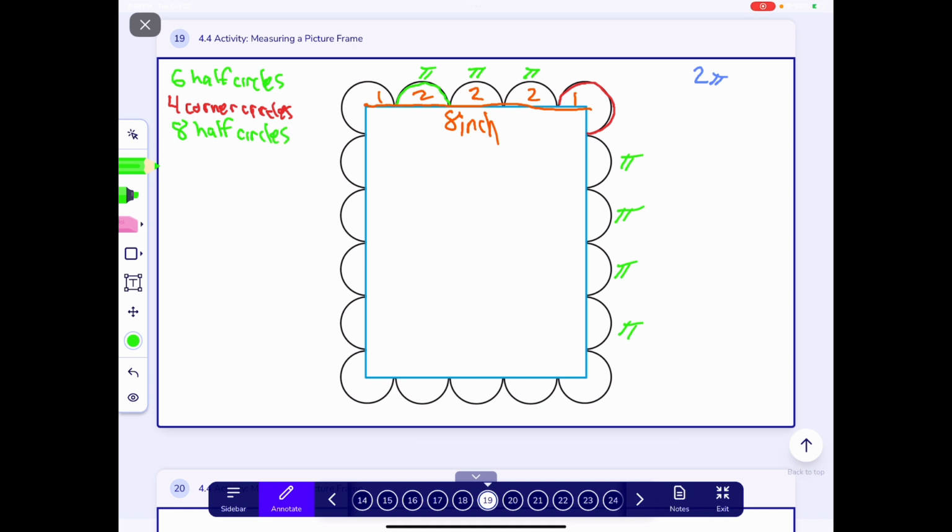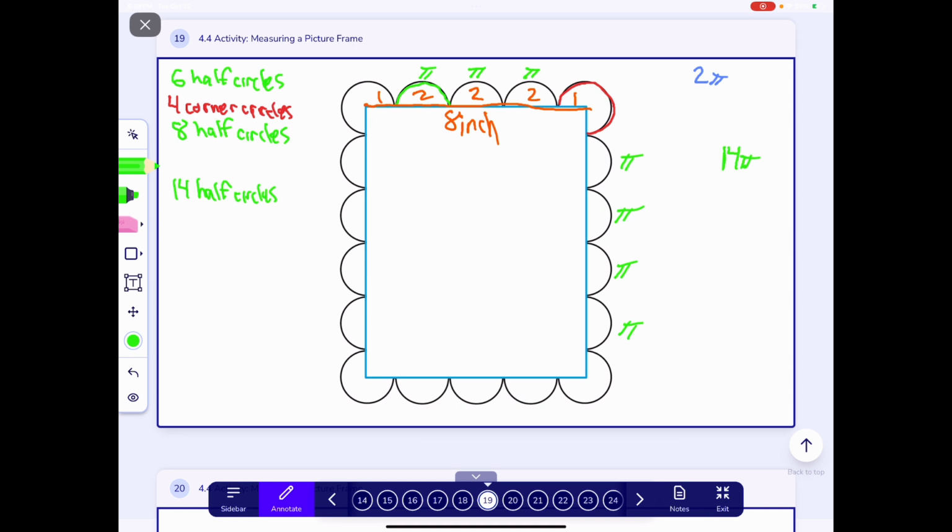Together, we have 14 half circles. Altogether, the perimeter of all the half circles, not the corners, we're not doing the corners yet, is 14 pi. So that's the perimeter of all the half circles.